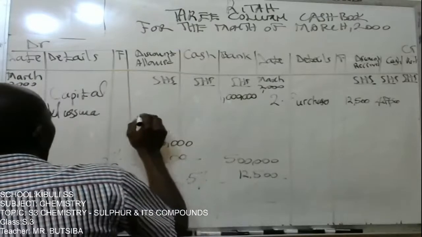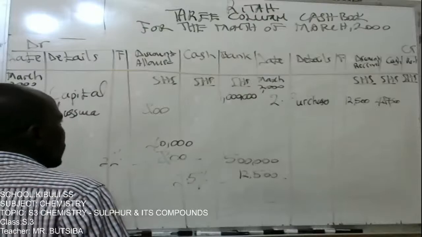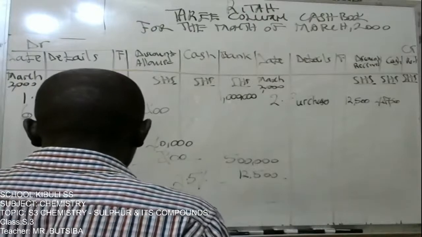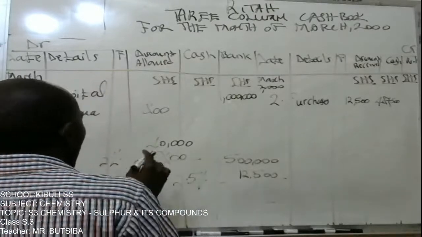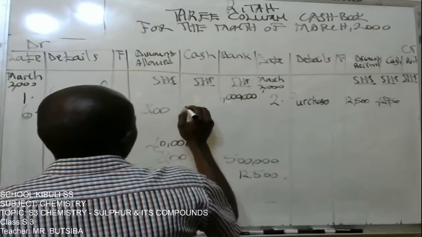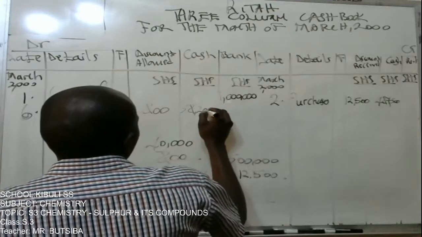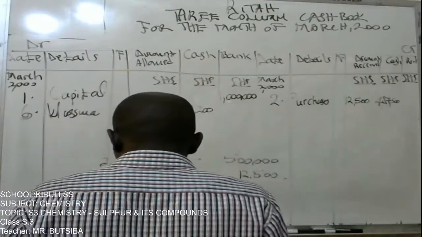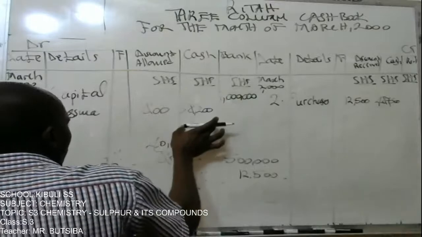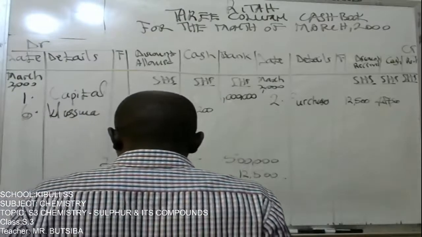So we allowed Waswa a discount of 800 shillings. When you subtract 800 from 40,000, you remain with 39,200. Because it was by cash, that means the cash column gained that money.